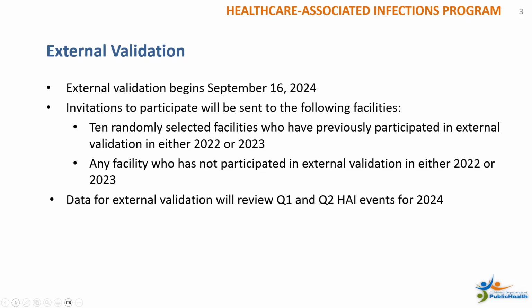Invitations will be sent to participants who have not participated in external validation in either 2022 or 2023, in addition to 10 randomly selected facilities who have previously participated in external validation in one of the previous years. Data for external validation will review Q1 and Q2 HAI events for 2024. However, for internal validation, we will only be reviewing Q1 of 2024.